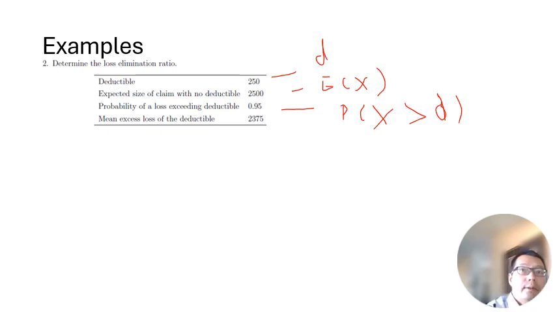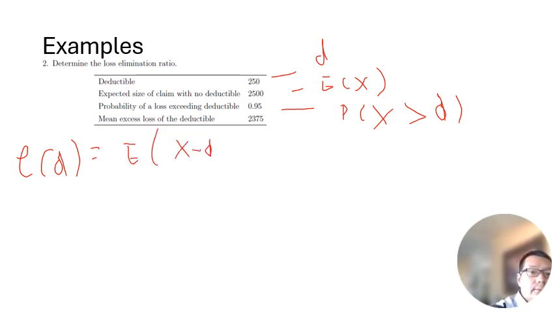And d is 250. And the last one is the mean excess loss at the deductible, 2375. So this is the expected value of X minus d, given that X is greater than d.